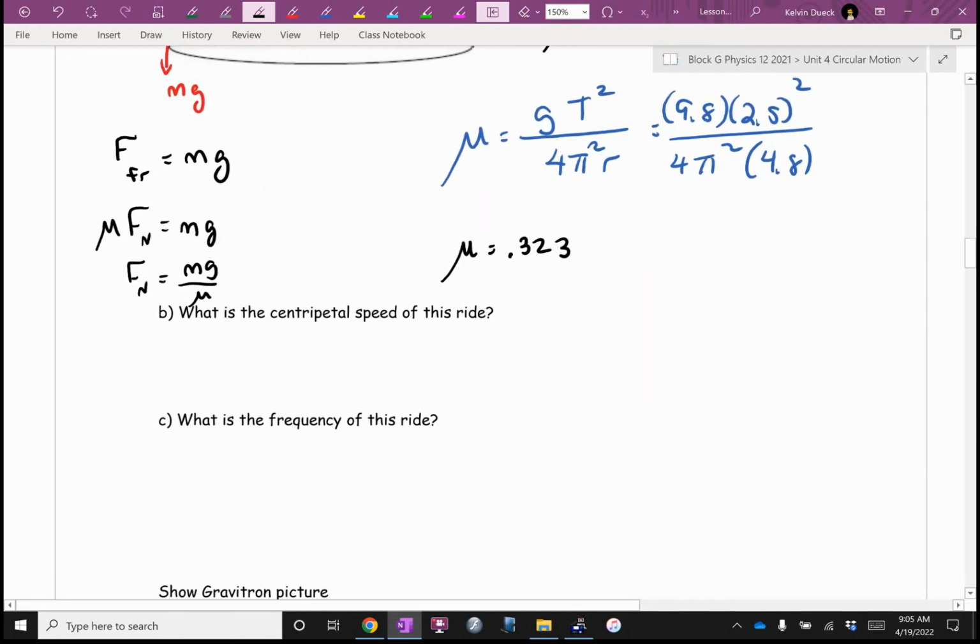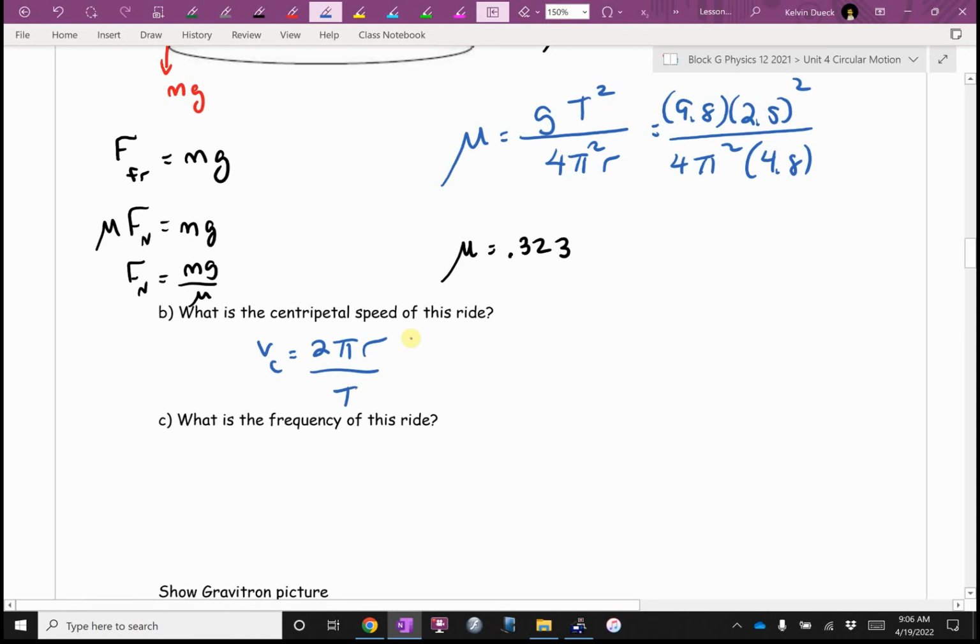What's B you want me to find? Centripetal speed. We have an equation for that on our formula sheet, don't we? I think VC is 2 pi r over the period. Do we know r? Do we know the period?